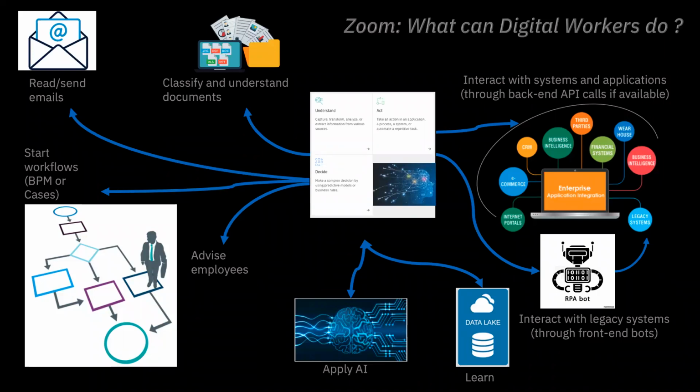So the idea is that we are fueling digital workers out of the box with several skills. We give toolkits to the business partners to extend these skills depending on what they want, and sometimes it can be something that they want to market.